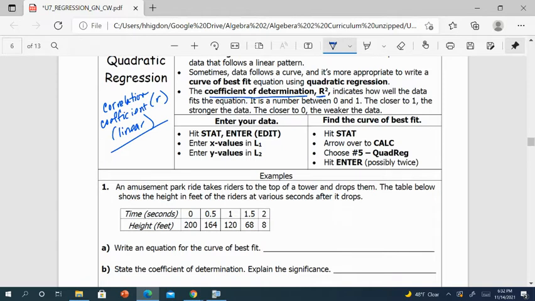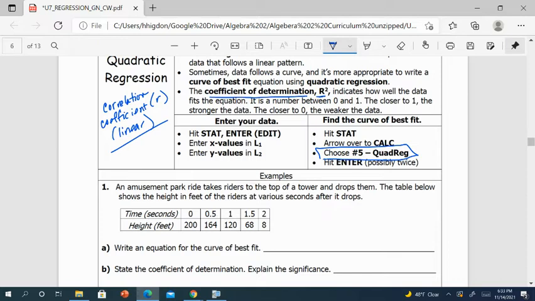The steps for working these are exactly the same for quadratic as they were for linear, with the difference that we have to choose quadratic regression when we go to create that equation. So you're still going to enter your data, hitting stat, edit. X's are still going to go in L1, Y's in L2.